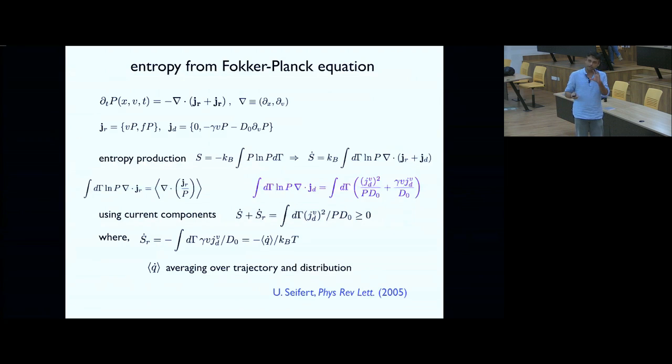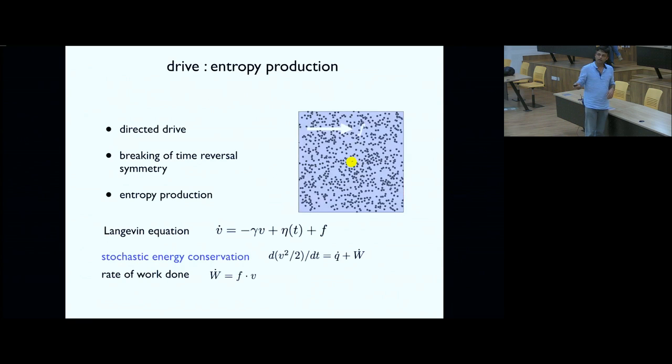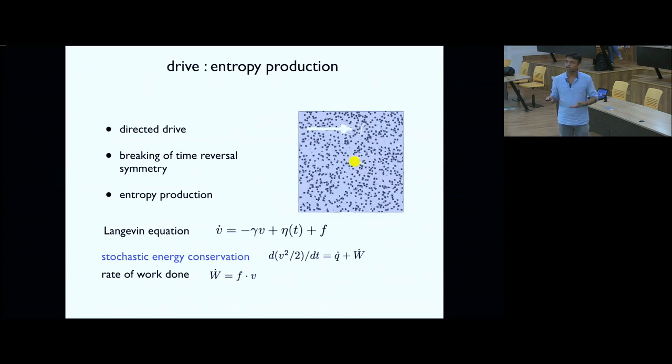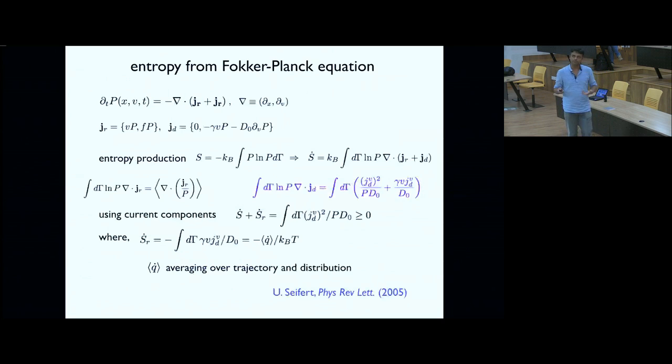So you can write the reservoir heat production as an average over this Q̇, where Q̇ itself is the heat production as we have seen from this relation: v times (−γv + η), so that's the work done by the reservoir, that's the heat production. And that's in sync with the Clausius expression of the entropy production in the bath.